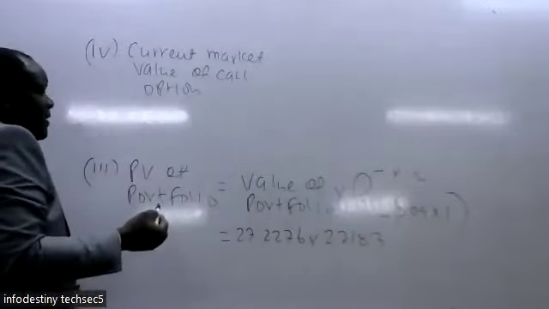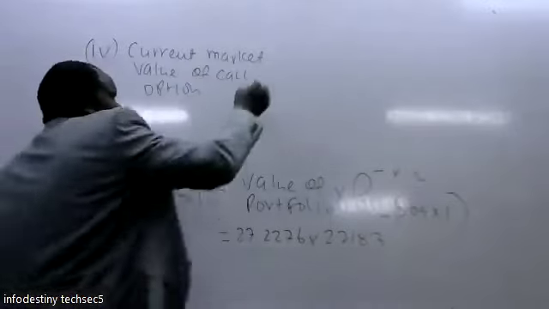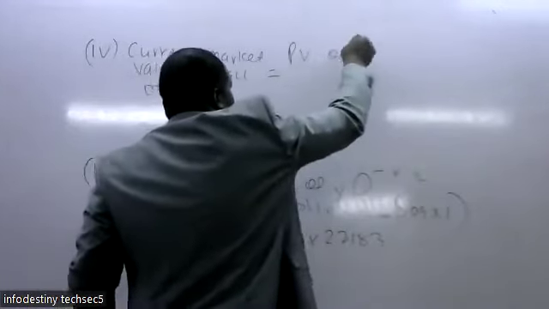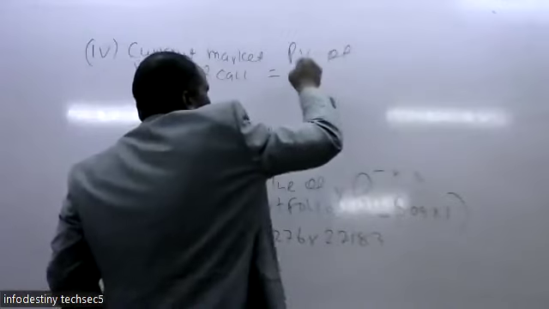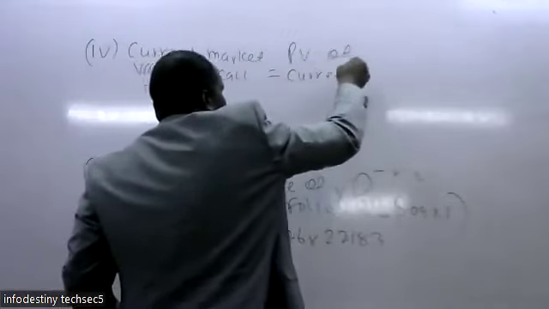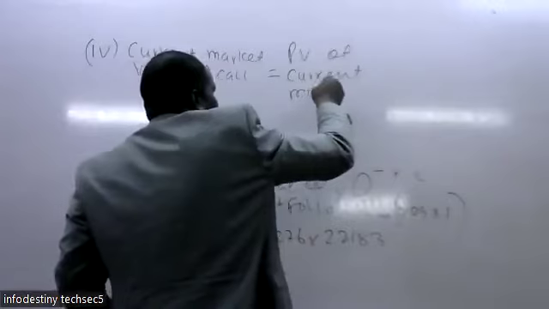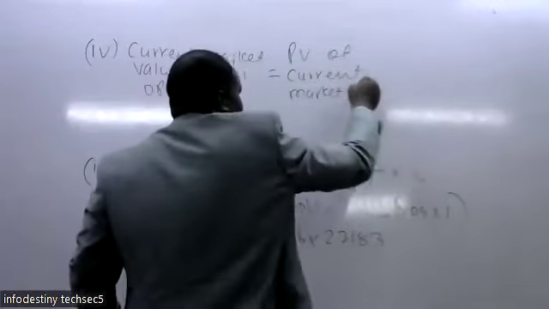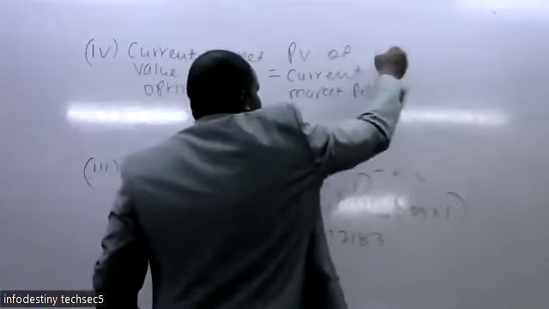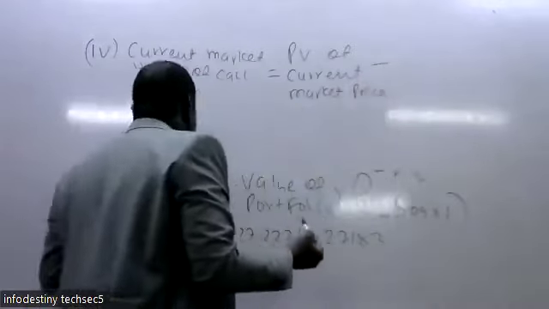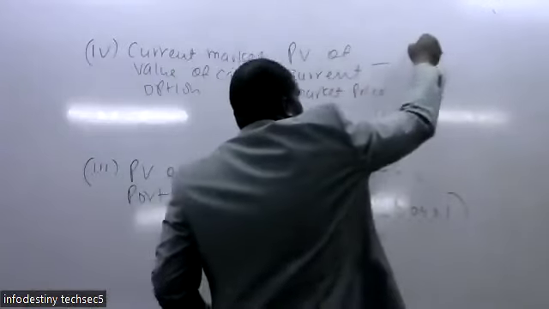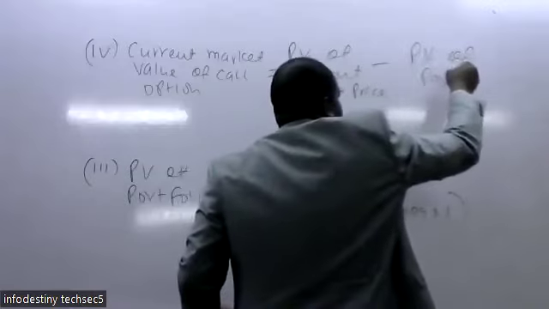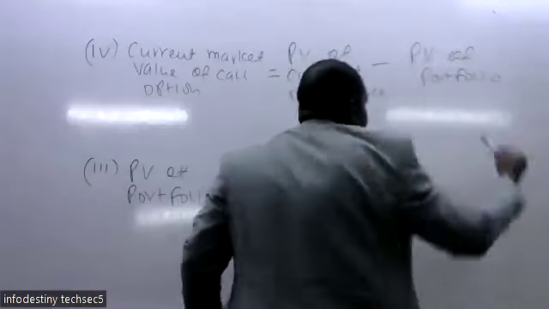So for the current market value of the call option, simply take the present value of the current market price, then you subtract the present value of the portfolio.